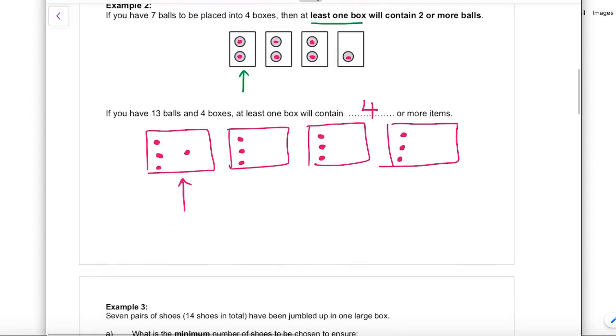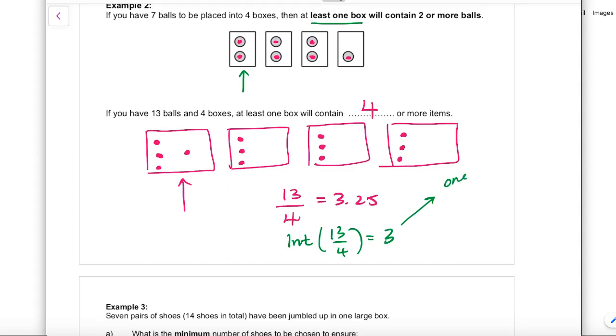We could also do it using some mathematics. If we've got 13 balls and we have to share them into 4 boxes, we get 3.25. Now if we consider taking the integer value of 13 over 4, then we end up with 3, which means that one of the containers will have at most 3, and then the other containers will have the integer plus 1.